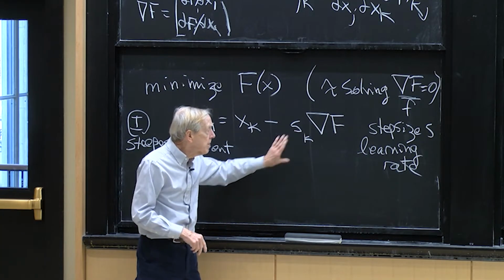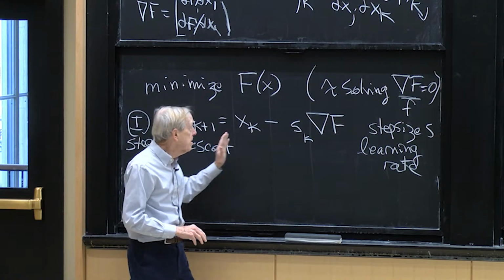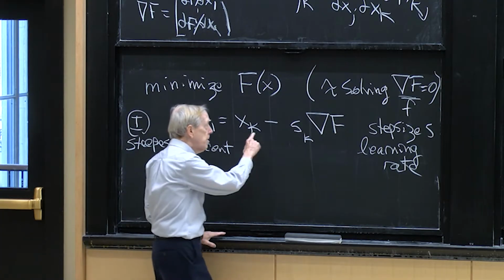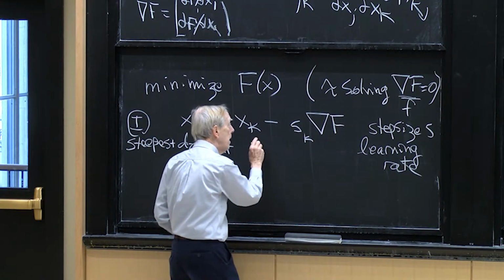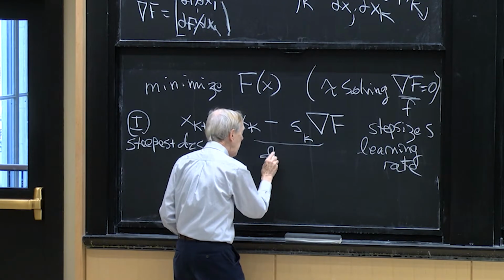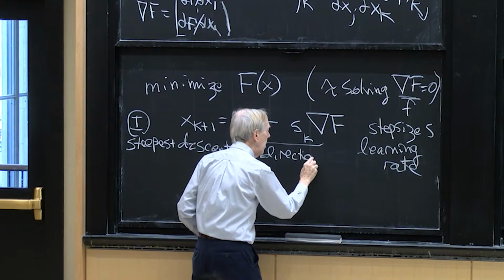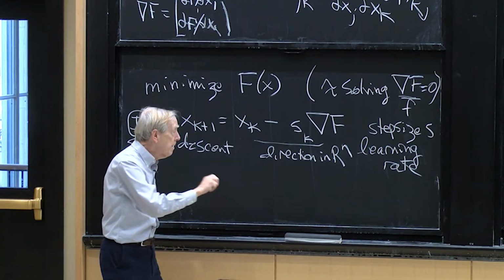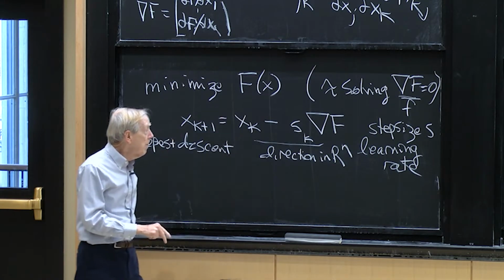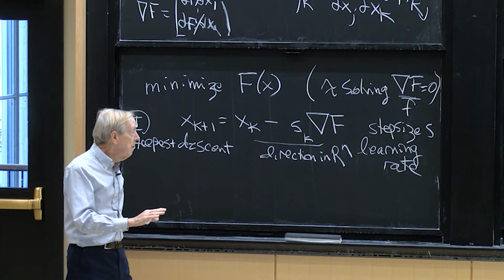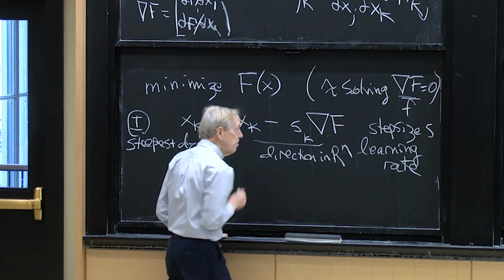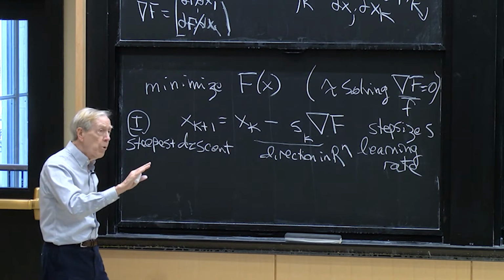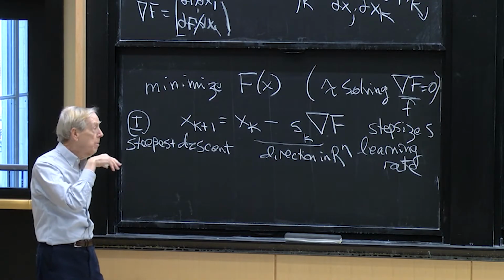You would like to choose s_k so that you minimize capital F. You take the point on this line. So this is a line in R^n, or a direction in R^n, and for all the points on that line in that direction, f has some value, and what you expect is that initially, because you chose it sensibly, the value of f will drop. But then at a certain point, it'll turn back on you and increase.